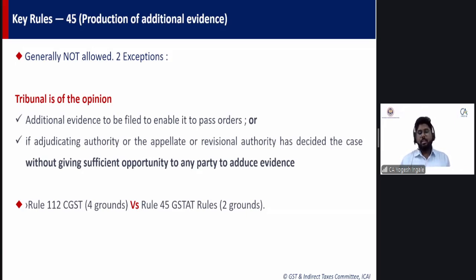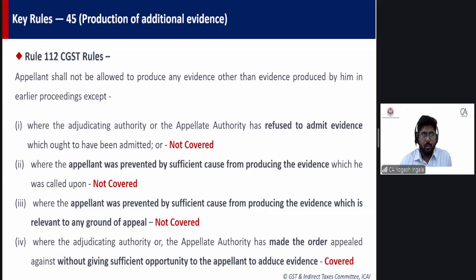In such situations, only then is additional evidence allowed. However, there is Rule 112 under the CGST Rules which specifies four grounds wherein additional evidence is allowed. So we will go through them one by one.